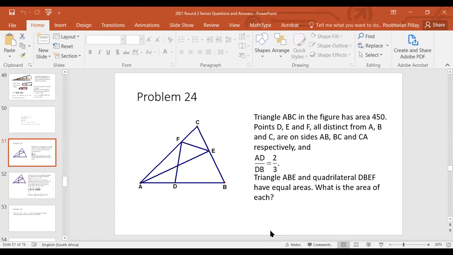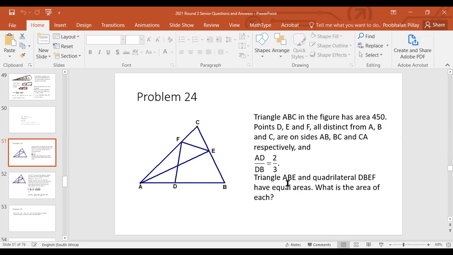It says triangle ABC, and D, E, and F are three points. They don't tell us anything about D, E, and F, whether they're midpoints or what. Anyway, they join a couple of these lines, but they do say that D divides AB in the ratio 2:3, as you can see here. So this is 2 parts and this is 3 parts. And then these things are joined, and they tell you something else too.